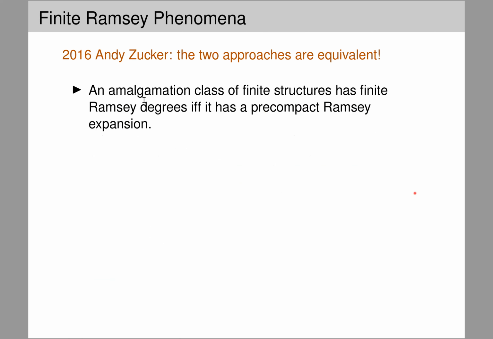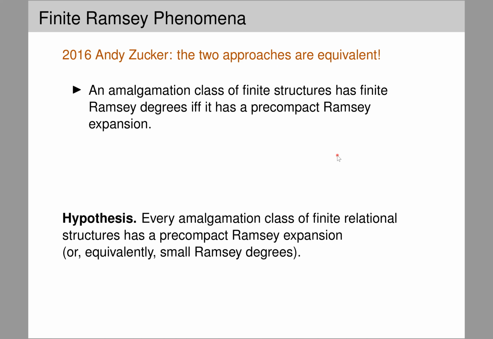And surprisingly, in 2016, Andy Zucker proved that the two approaches are equivalent. An amalgamation class of finite structures has finite Ramsey degrees if and only if it has a precompact Ramsey expansion. It's the same thing. And it's a very important result, because one of the most important hypotheses in structural Ramsey theory is that every amalgamation class of finite relational structures has some Ramsey property.